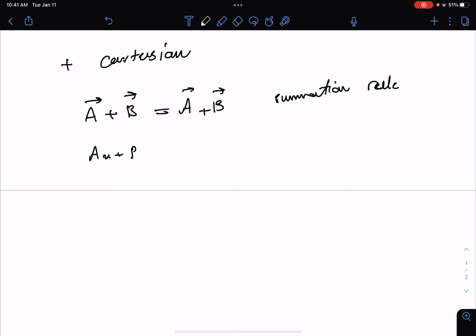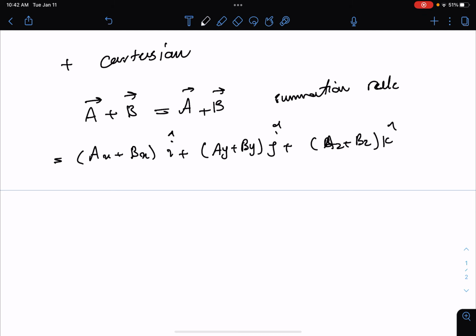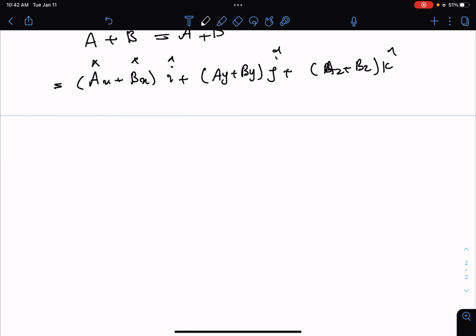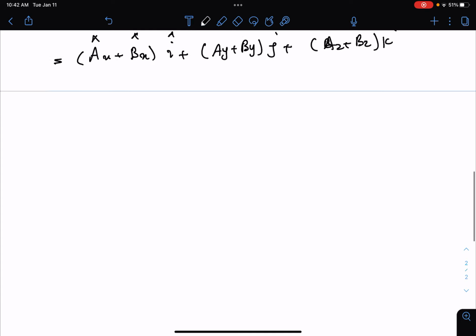It's going to be (AX plus BX) I, (AY plus BY) J, and (AZ plus BZ) K, right? In Cartesian coordinate system. It doesn't really matter if you write B first or A first. So that's the summation rule. It has a very simple proof here. Any questions so far?